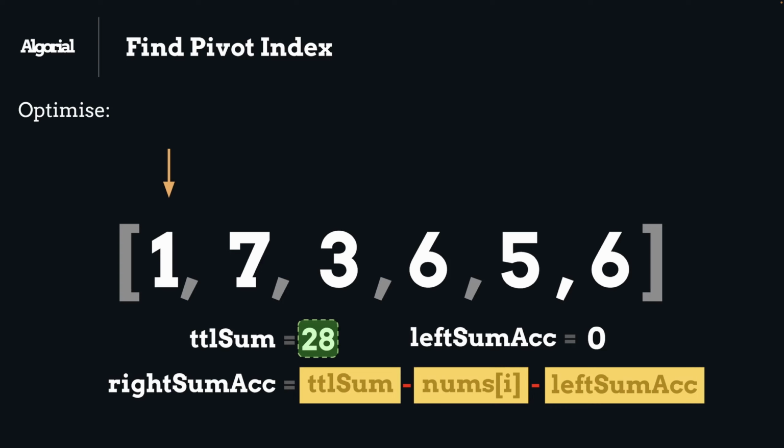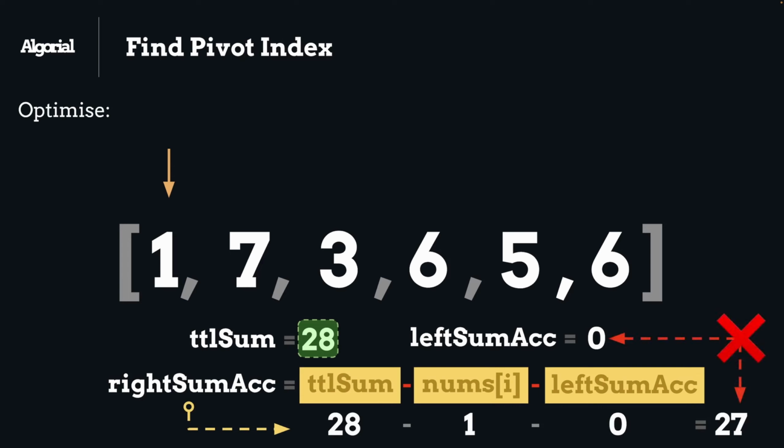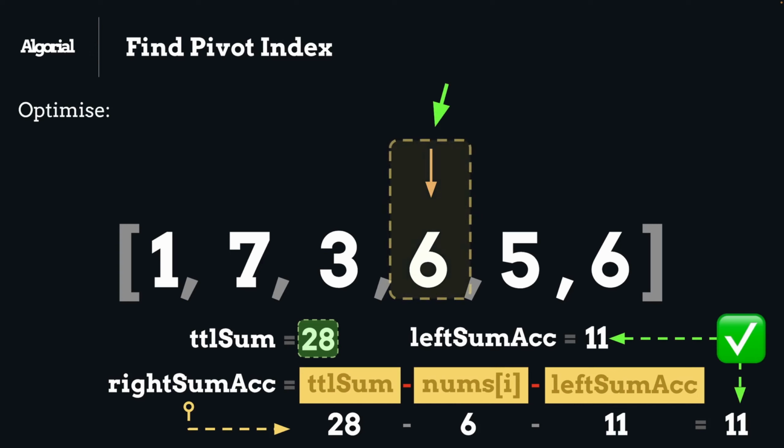That is our right sum for every value, which we can use to compare with the left sum and check if they match. So 27 is not equal to 0. We will pass. This cycle will keep repeating until we find a match like so. At that point, we can call it our pivot index and immediately return that index, which overall will result in O of 1 constant space complexity.